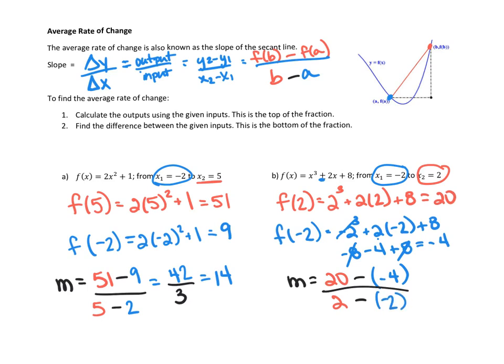When you have negatives pushed together, they become positives. So when I calculate this, I get 20 minus a negative 4 becomes 20 plus 4, which is 24, over 2 minus a negative 2 becomes 2 plus 2, which is 4. And I get 24 divided by 4, which is equal to 6. So the slope for that one is 6.